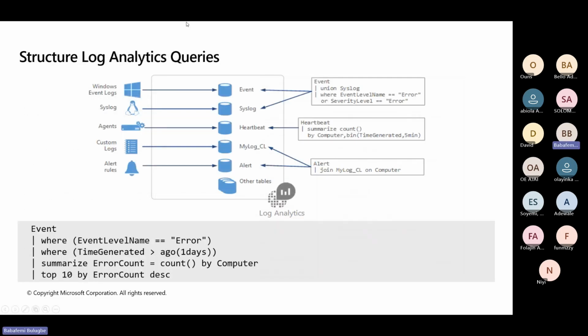So this is the structure that the query takes. This query is for an event going on within a particular machine. Now, the query is we want to get the event. What event do you want to get?